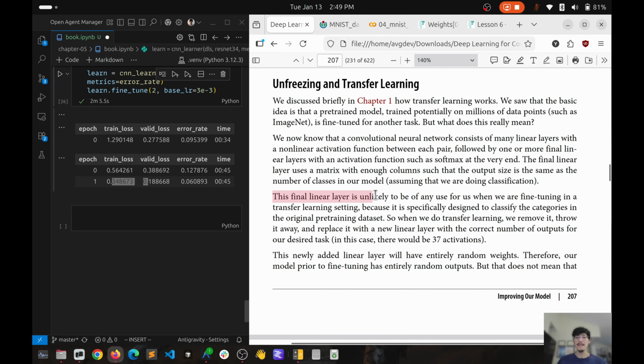This final linear layer is unlikely to be of any use for us when we are fine-tuning in a transfer learning setting, because it is specifically designed to classify the categories in the original pre-training dataset. So when we do transfer learning, we remove it, throw it away, and replace it with a new linear layer with the correct number of outputs for our desired task. In this case, there will be 37 activations. This newly added linear layer will have entirely random weights.